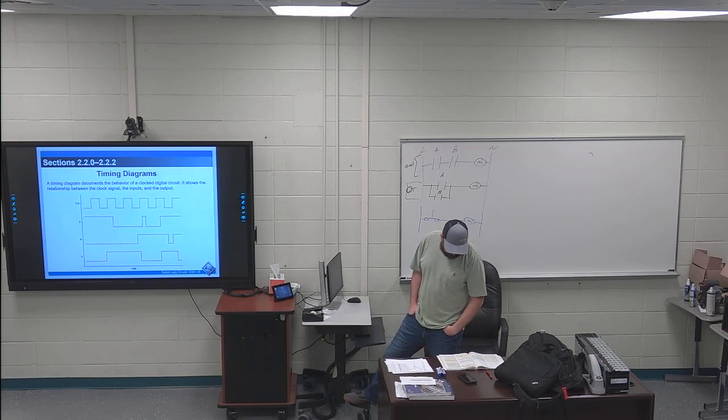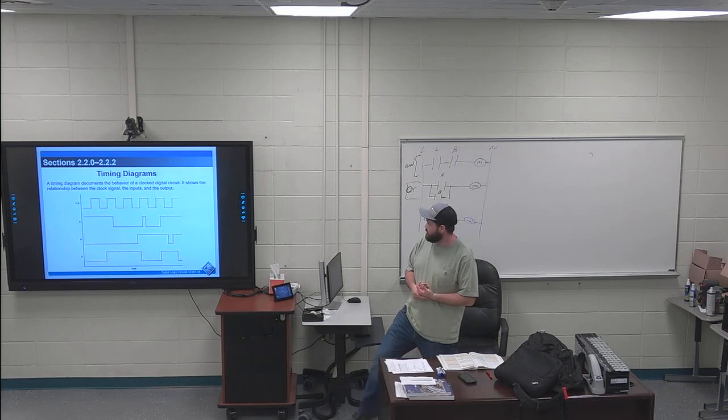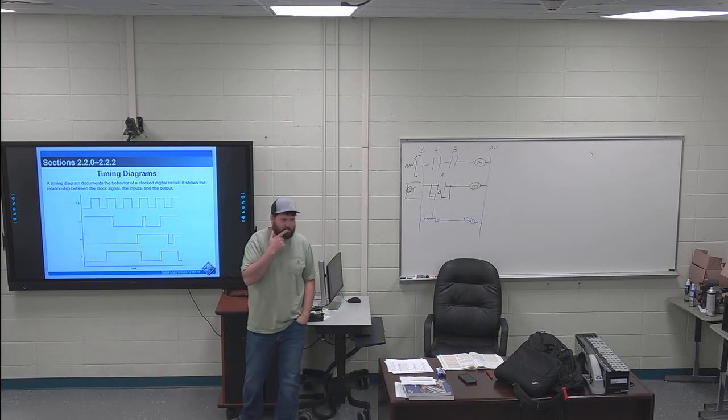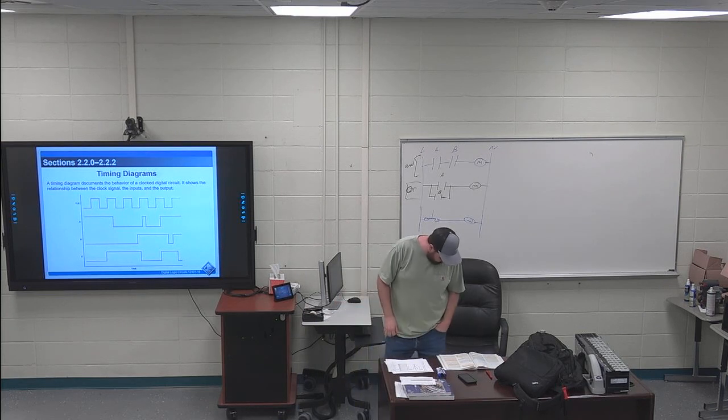For this reason, engineers and technicians use another tool, the timing diagram, to show the behavior of a clocked circuit. A timing diagram is a kind of graph with time as the x-axis or the horizontal plane. So that is your clock logic is this right here. This goes between 0 and 1.